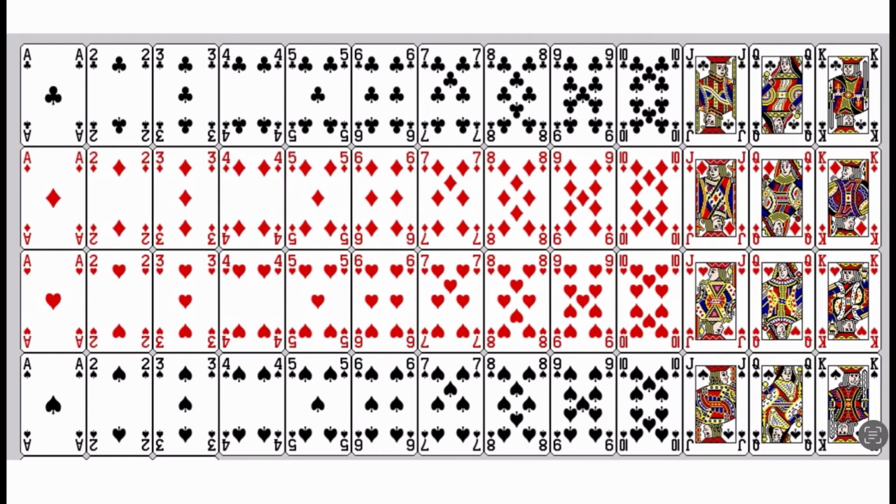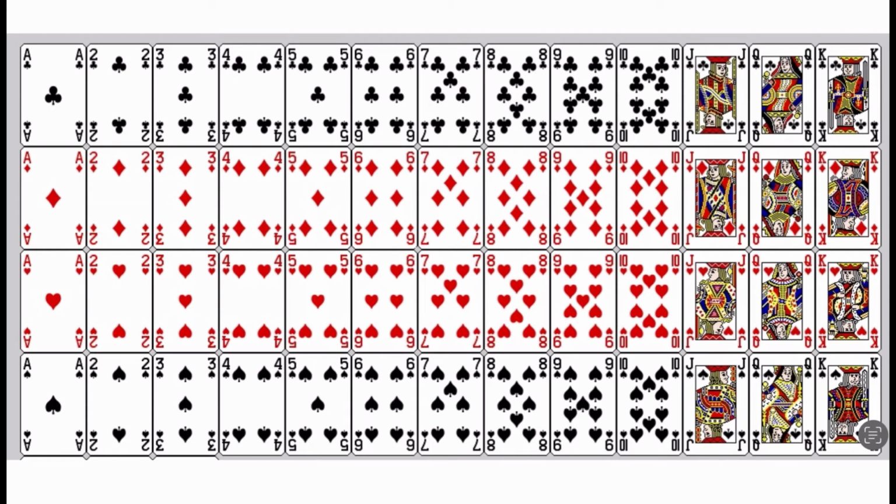Another very classic problem in probability involves cards. So I want you to take a look at your screen and notice there are 52 cards in total in a deck of cards. Now, we're not including any jokers for those of you who are wondering about the jokers. In a regular deck of cards, we're talking about 52 cards. And half of the deck is red, the other half is black.